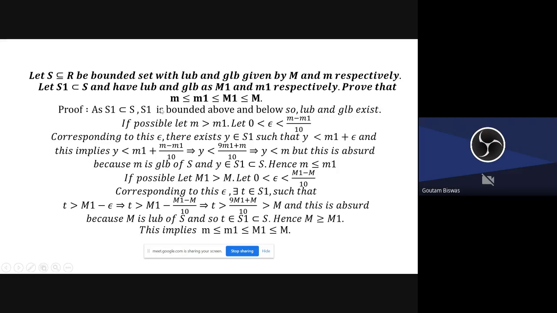Okay. So S is a bounded set and S1 is a subset of S. So S1 is bounded above and bounded below, so its LUB and GLB must exist. Okay. So if possible, let us take the reverse. So there is a number epsilon.